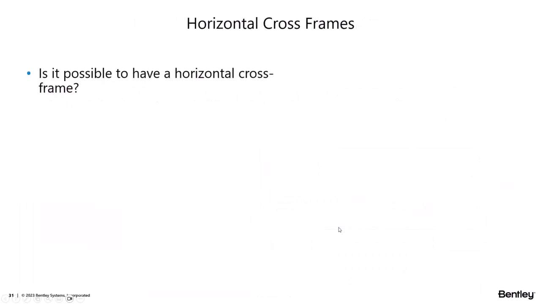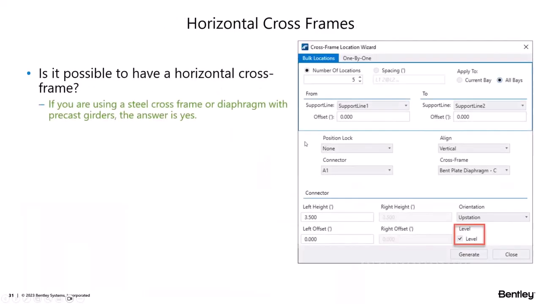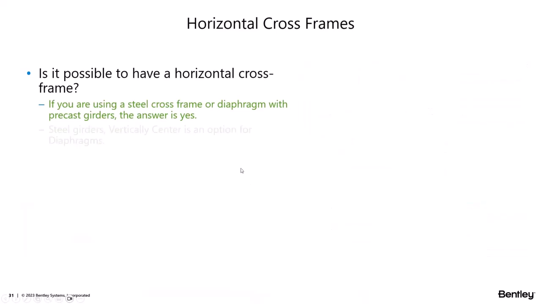All right. Can we force it to have a horizontal cross frame? If you're doing steel cross frames or diaphragms on precast girders, then the answer is yes. There is an option here to force those cross frames to go in level, so basically truly horizontal to the world there between the different girders.